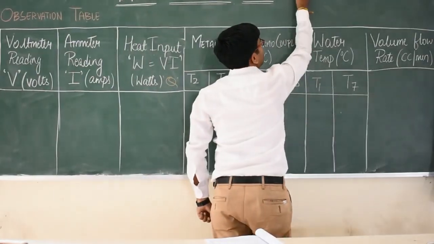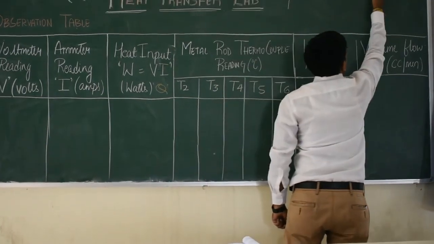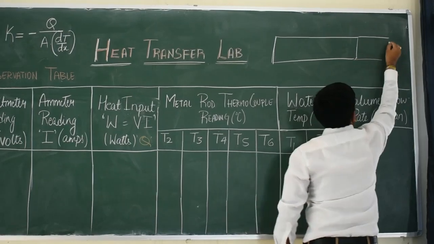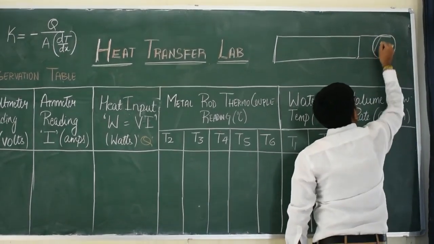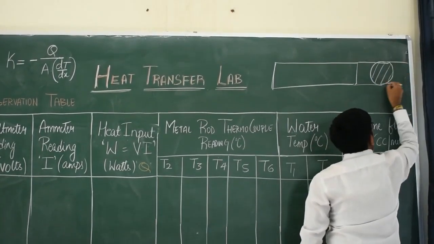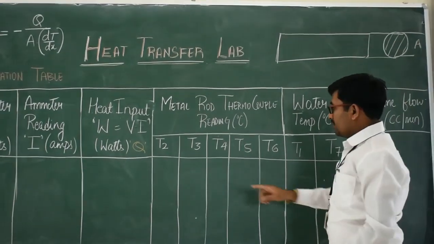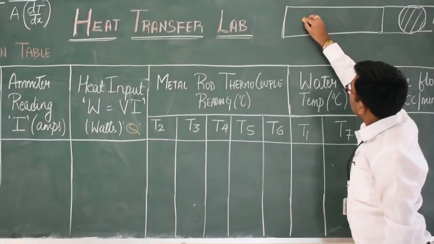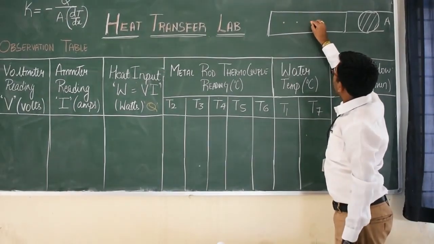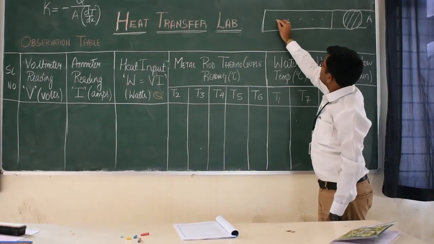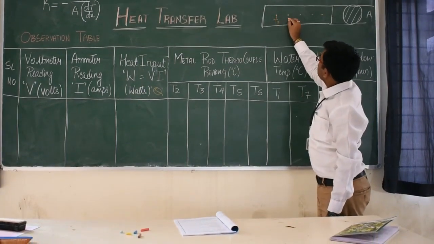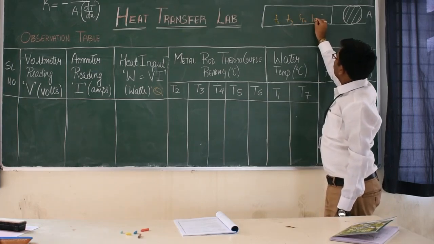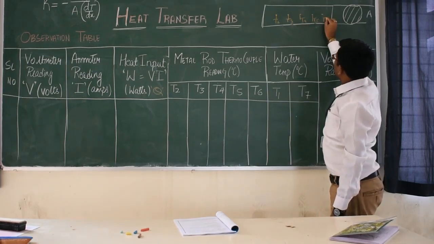Dear students, this is the specimen of cross-sectional area A. Now there are 5 thermocouples which are fixed on the surface of the given metal rod. So this is T2, and this is T3, T4, T5 and T6.